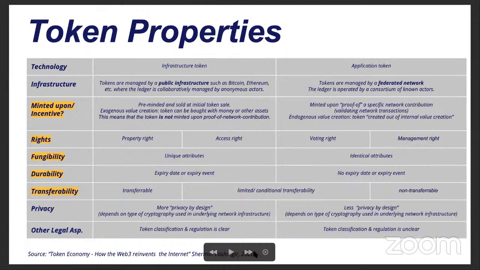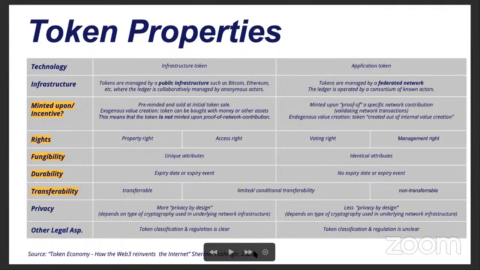I think the first thing that is important is to understand that tokens can have different properties. So of course, the technological properties: it's an infrastructure token, application token, all the things that we mentioned before. If it's an infrastructure token, is it a public infrastructure or a federated infrastructure?